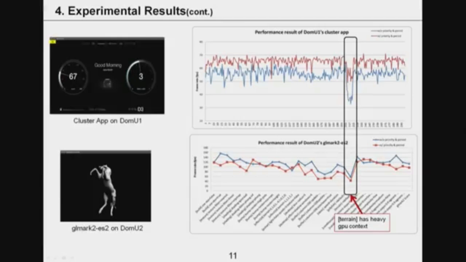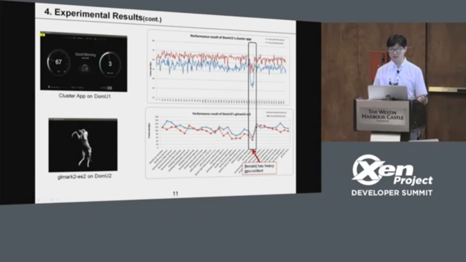The result of the upper blue graph didn't meet 60 FPS most of the time, but with priority and period, the result of the upper red graph meets 60 FPS overall. As you can see in the black box, there was lower performance than the others.